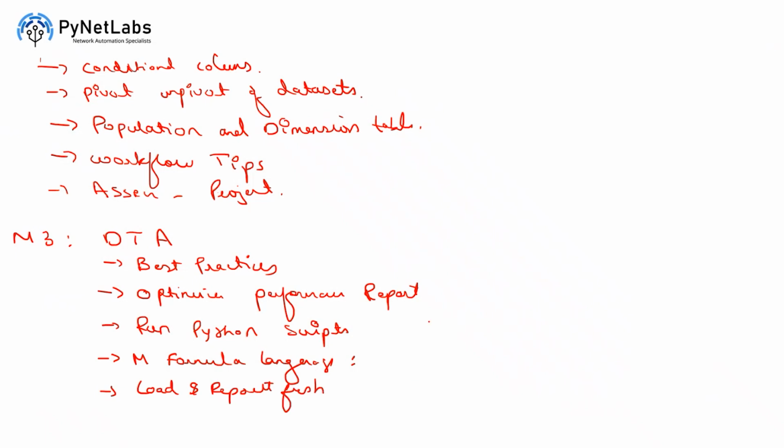Then we will come to module number four, creating a data model. Data modeling. Till now we have studied the introduction and then data transformation, then comes data modeling. As I said, Power BI is capable of doing all three ETL processes.